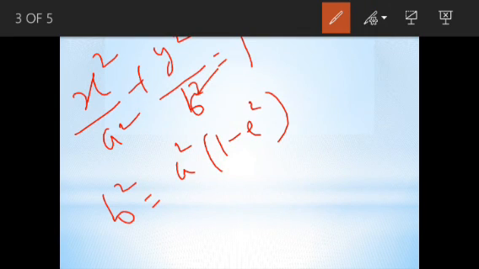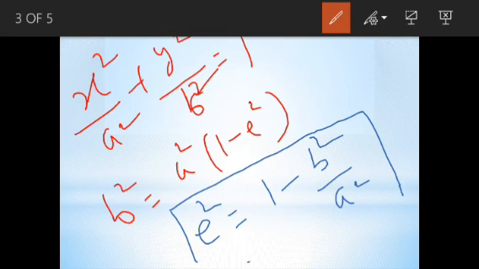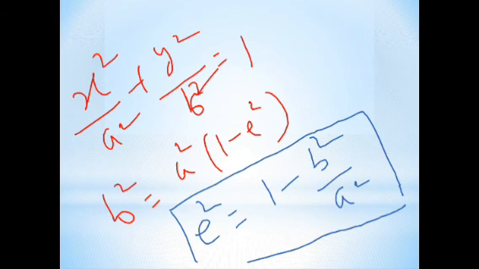From this equation we get the concept of e square: e square is equal to 1 minus b square by a square. This will be the formula used while finding the eccentricity of an ellipse. This is a very important formula to be remembered, students.